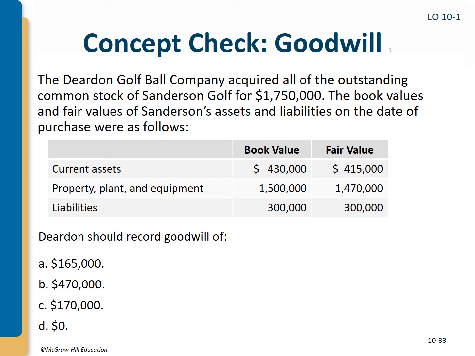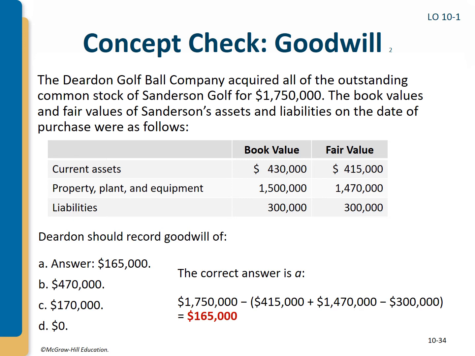Dearden Golf Company, a golf ball company, acquired all the outstanding common stock of Sanderson Company for $1,750,000. The book values and fair values of the assets and liabilities on the date of the purchase were as follows. Ignore the book values. They have nothing to do with this computation. They just throw them in there to try to throw you for a loop. We focus on the fair value.